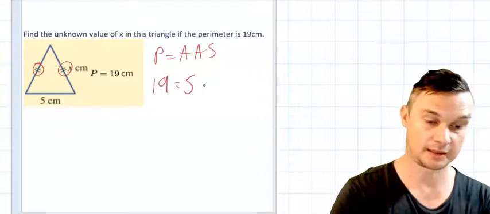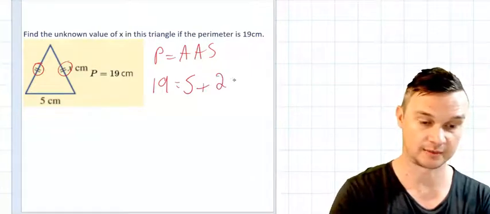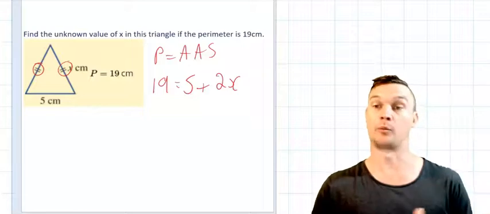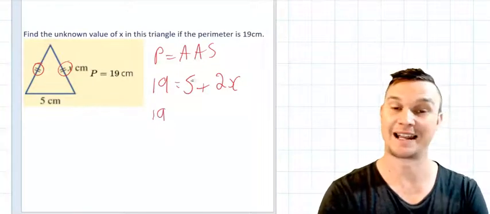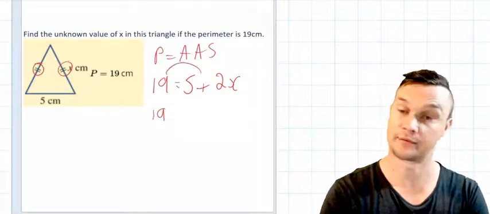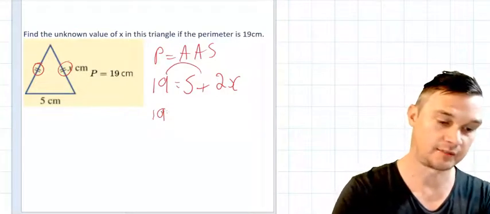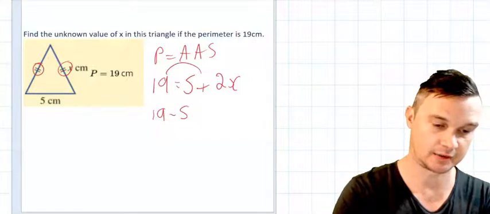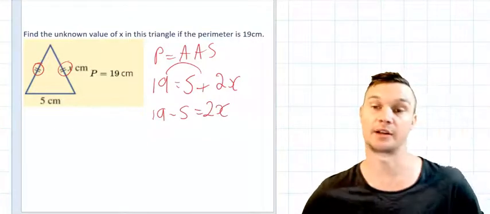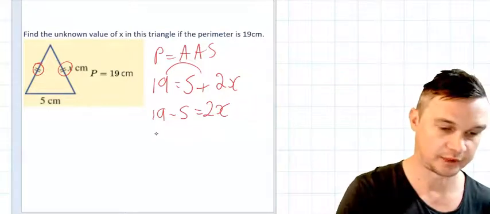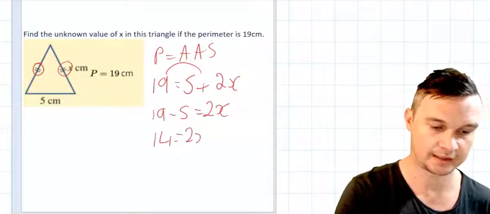So it's going to be plus 2 times x. Okay, and I can just go working backwards from there. So if I have 19 and I'm adding 5 here, that means I want to subtract 5 from this side. So 19 minus 5 equals 2x. Okay, so now I have 19 minus 5, which will give me 14, equals 2x.